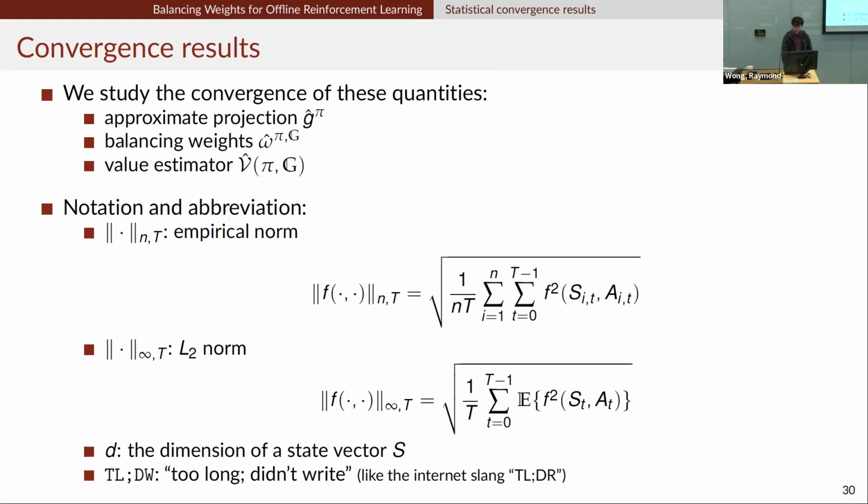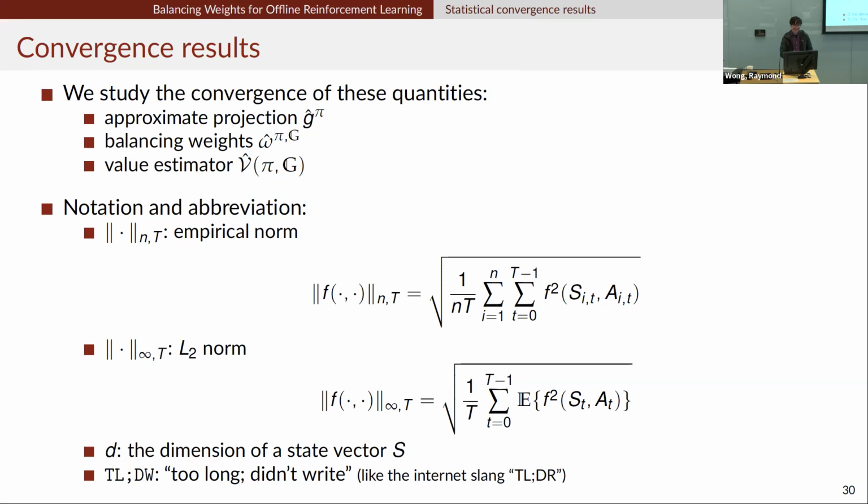Here I need some more notation before I go on. This represents the empirical norm, this represents the L2 norm, and D is the dimension of the vector. I guess many of you, especially the younger generation, know the internet slang TLDR: too long, didn't read.